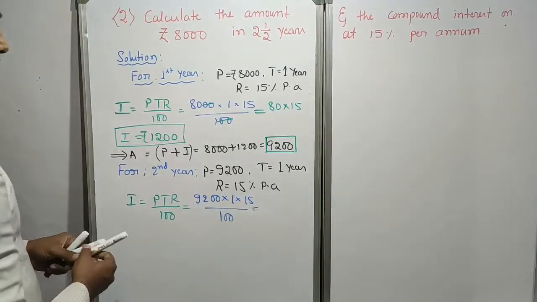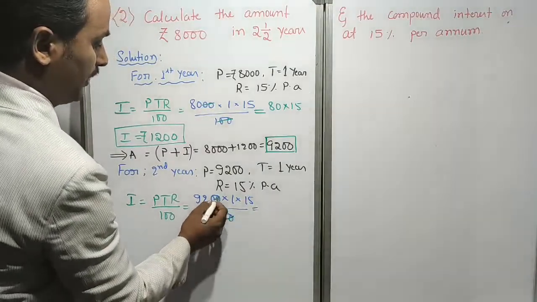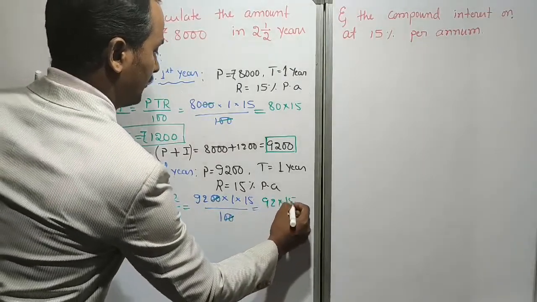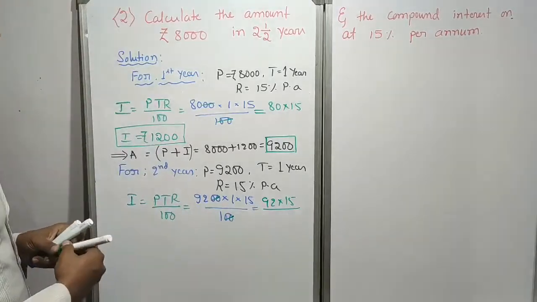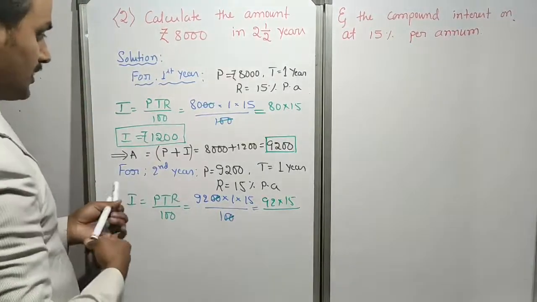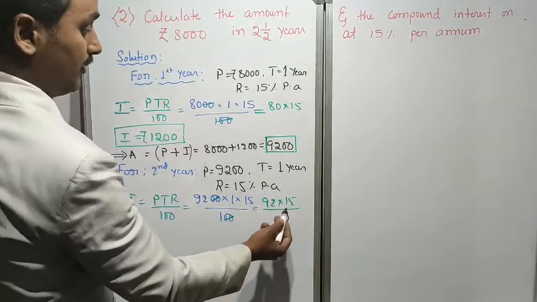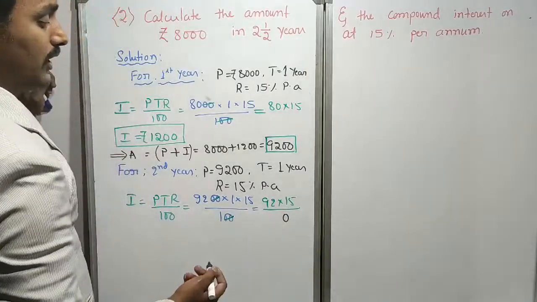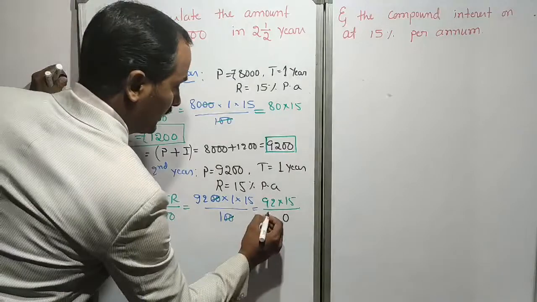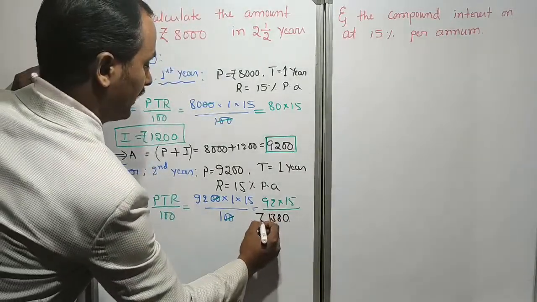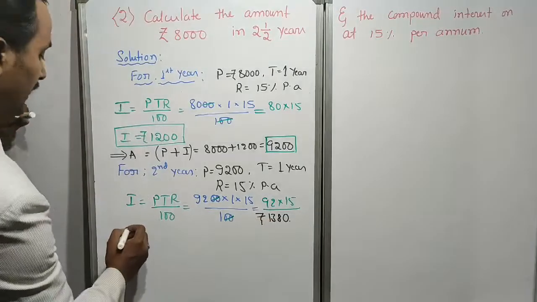Look here, denominator 20 and numerator 20 cancel. 92 into 15 will come. That product, how much will come? 15 2s are 30, 0 and 3 carry, 15 9s are 135, 135 plus 3 is 138, means 1,380 rupees became the interest, dear children.